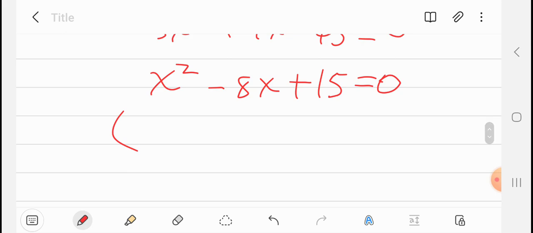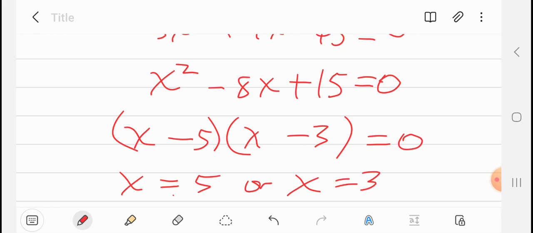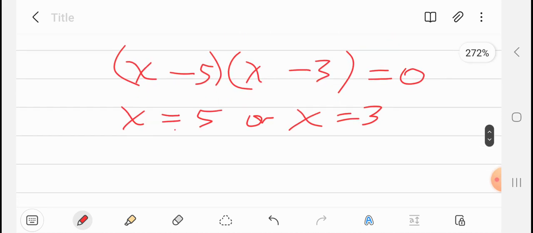Now we factorise: x minus 5 and x minus 3, getting x equals 5 or x equals 3. Those are the values of x.